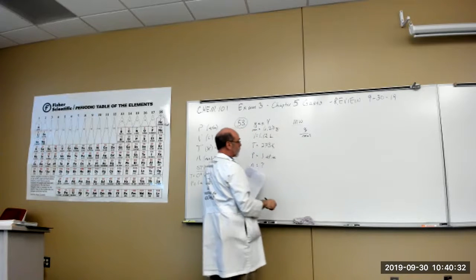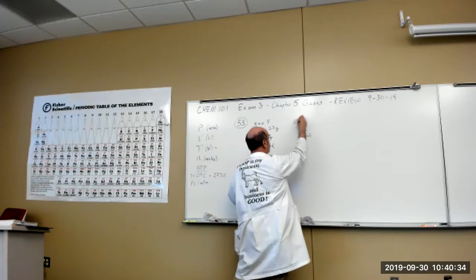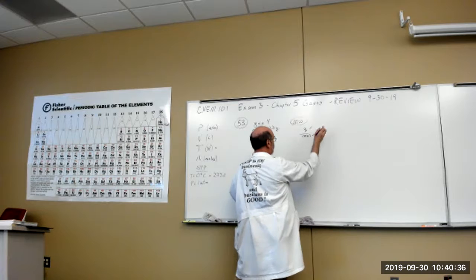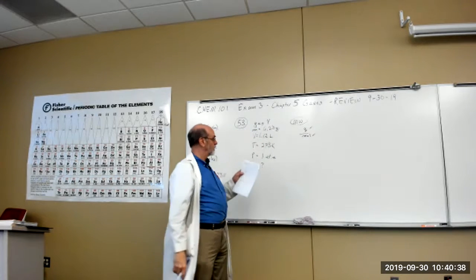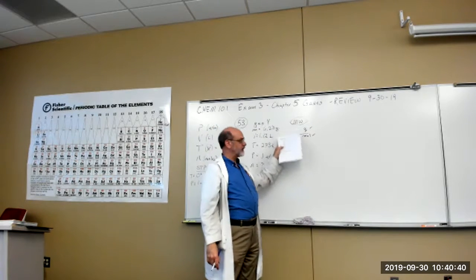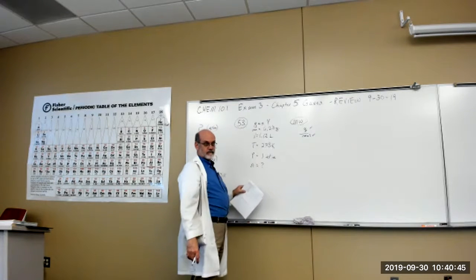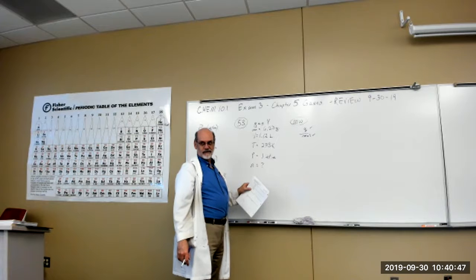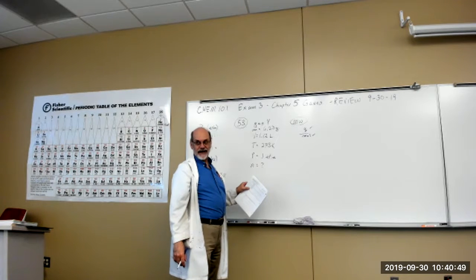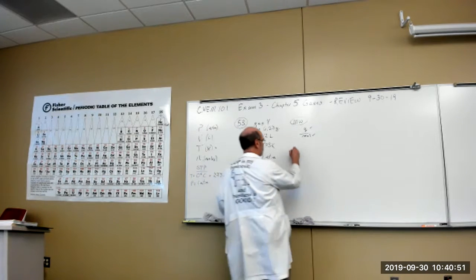Okay. So if the question is, what's the molecular weight? We need to know this and that, right? We know that it's given to us. So we need to calculate how many moles there are. Can we do it? You use the ideal gas equation, right?